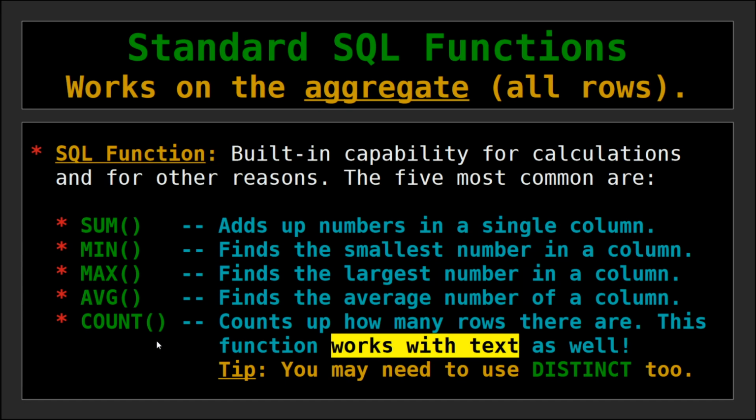Count, on the other hand, is not stuck in numerical land, because what you're doing is counting how many rows show up, depending on how you write your SQL. At times, depending on what you're doing, you might have to use this DISTINCT aspect as well. I'll show examples of this.